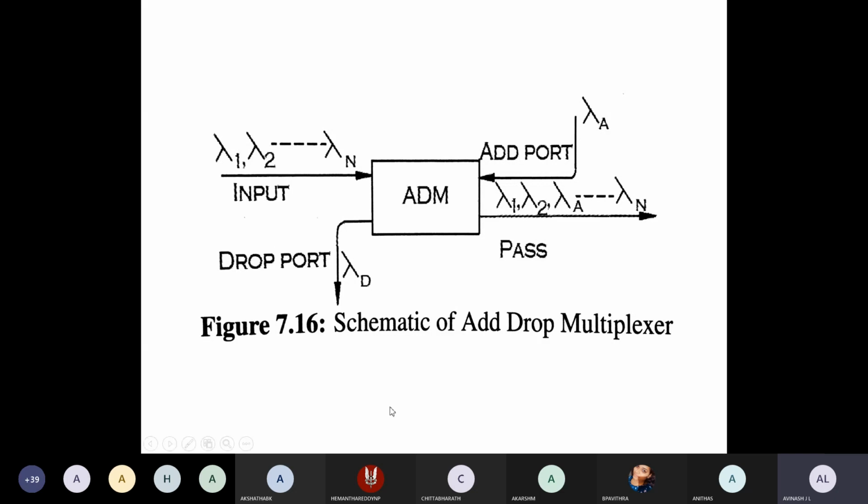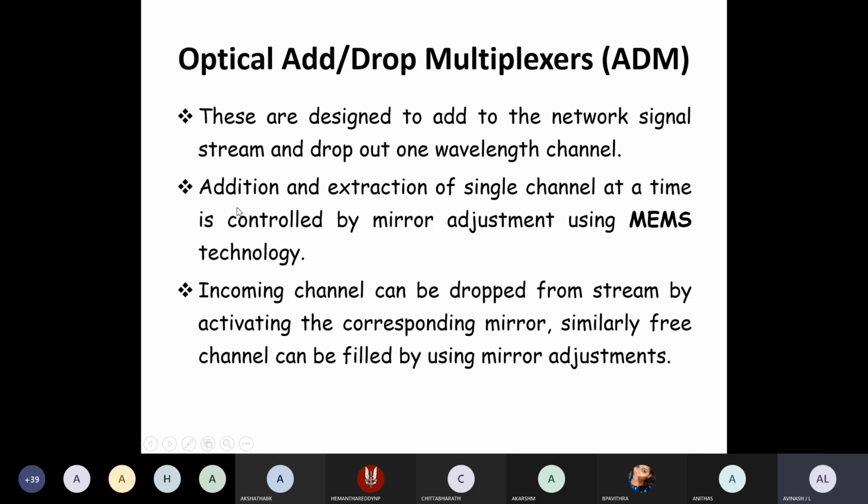Here, when the question is asked to explain add drop multiplexer, you must be in a position to answer with this diagram and the next diagram also. You must write these two diagrams and the explanation of them. In the explanation, these are designed to add to the network signal stream and drop out one wavelength channel.